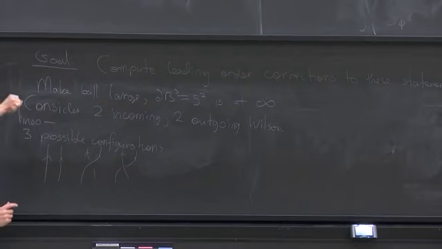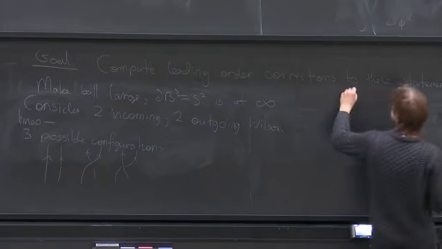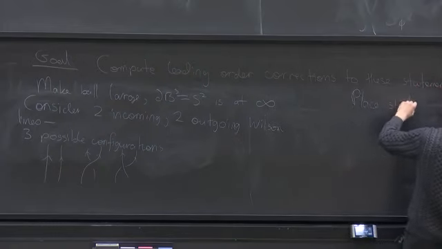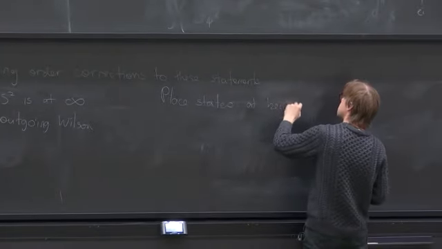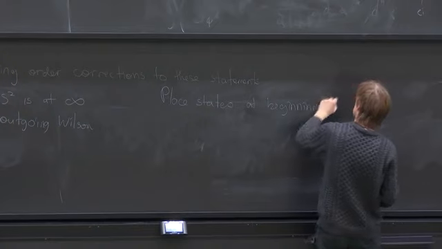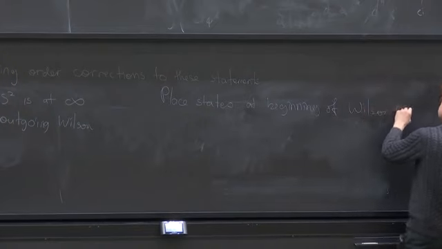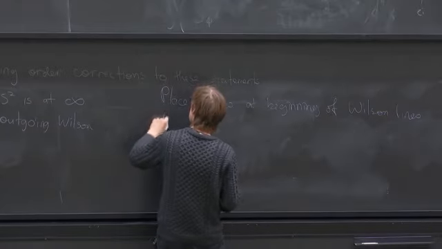And what we're going to do is place some states down here and see how they evolve and scatter off each other, and what they become at the top. Beginning of Wilson line. What do they become at the end?